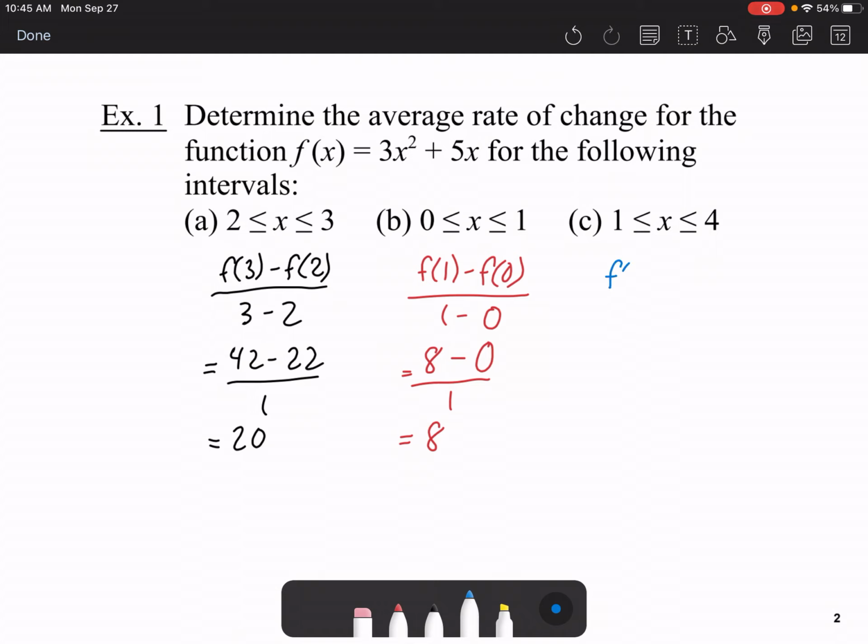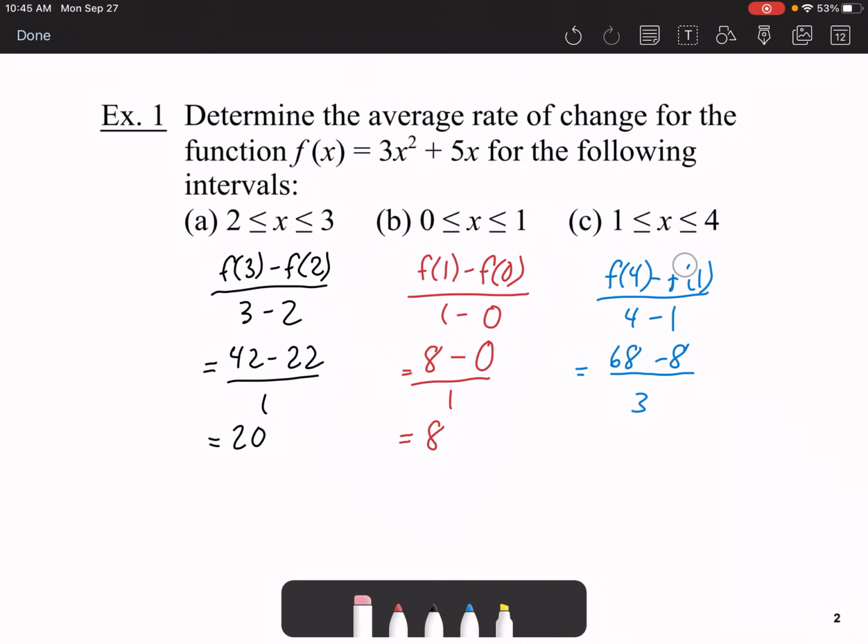So f at 4 minus f at 1 all over 4 minus 1. Denominator turns out to be 3. That's easy. F at 4 turns out to be 68. F at 1 turns out to be 8. And this turns out to be 20 as well.